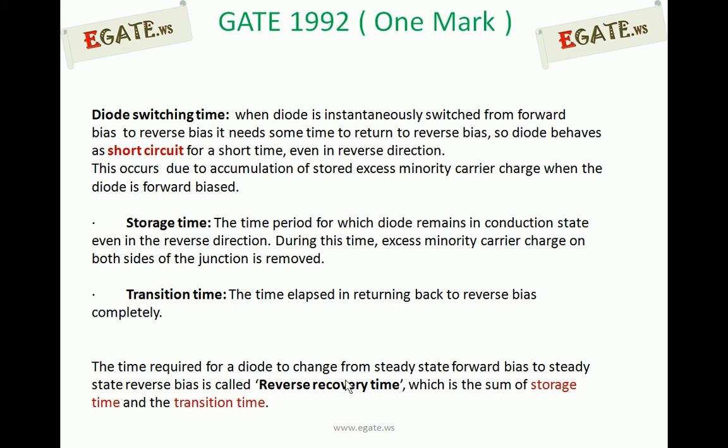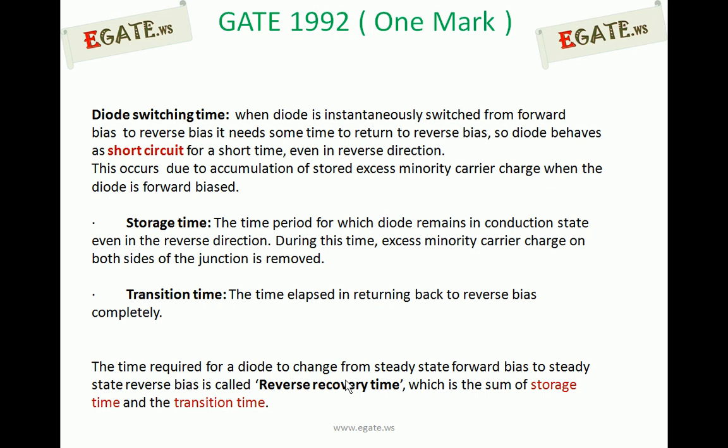That current is decided by the voltage at that instant and the resistance in that circuit. And this time, whenever the diode changes from forward bias to reverse bias, is composed of two different times: one is storage time, the other is transition time. Storage time is the time period for which the diode remains in the conduction state even in the reverse direction. That is, the diode is still on even though it has come into reverse bias.